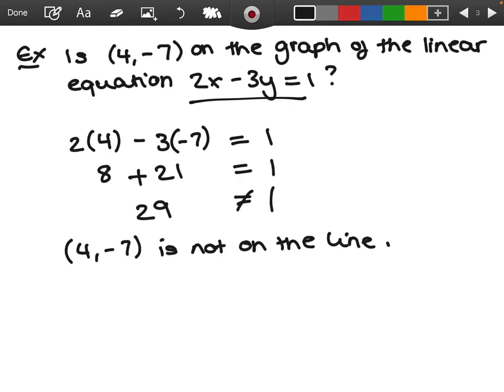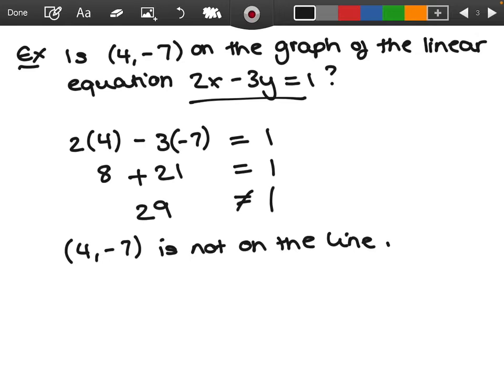So no matter what form the equation comes in, you could still plug in x and y like before, and you should see whether the left-hand side equals the right-hand side for the equation at that point. If it does, then it means that that point is on the line. If not, it means that the point is not on that line. You should see from both of these equations, they are actually linear equations.